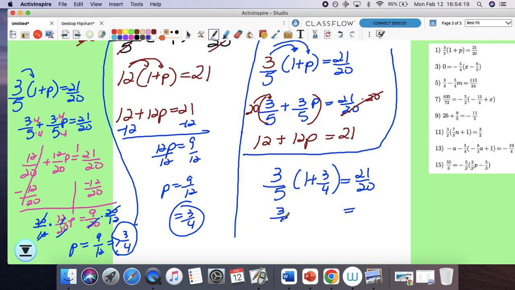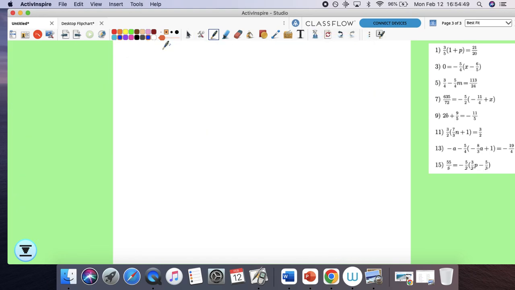So we get 3/5, and inside, 1 plus 3/4 is just 1 and 3/4, but 1 and 3/4 is 7 over 4, and I'm going to write that as an improper fraction. So 7 over 4 equals 21 over 20. I have to multiply these two now, right? So I get 21, since 3 times 7 is 21, and then 5 times 4 is 20. And as you can tell, that makes all our work correct.